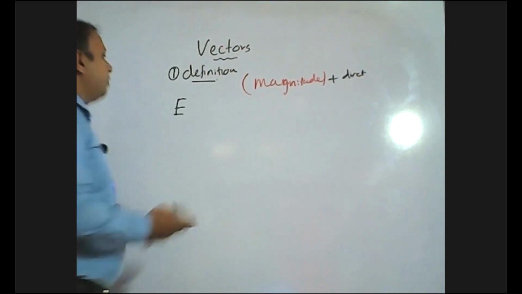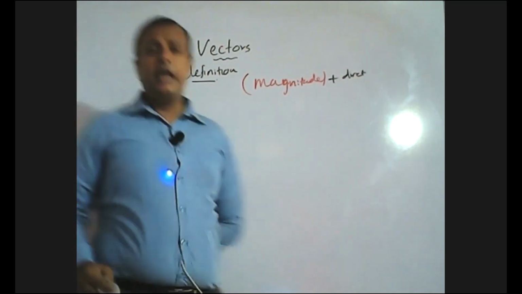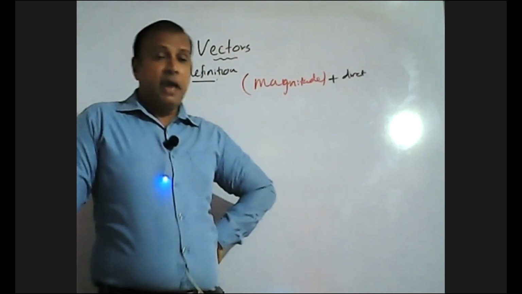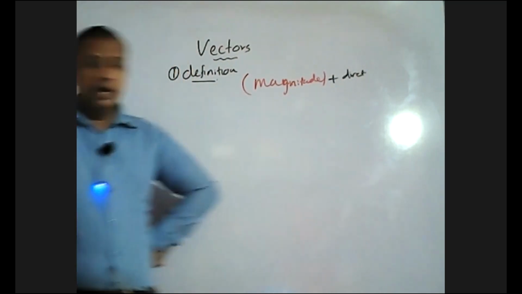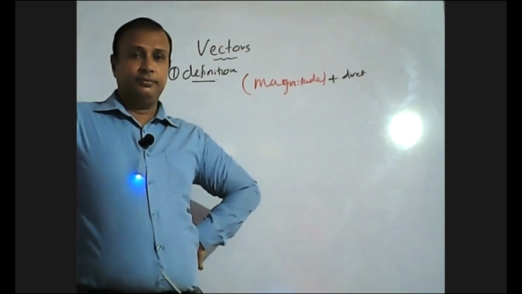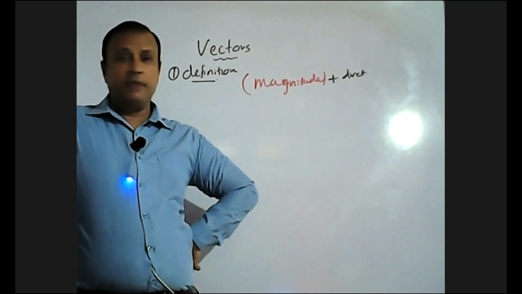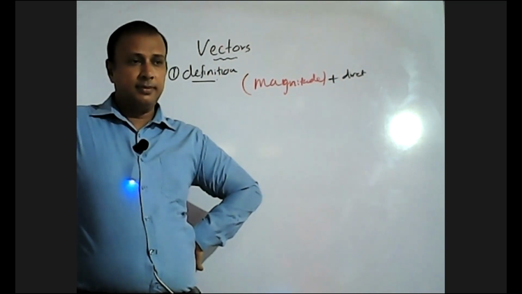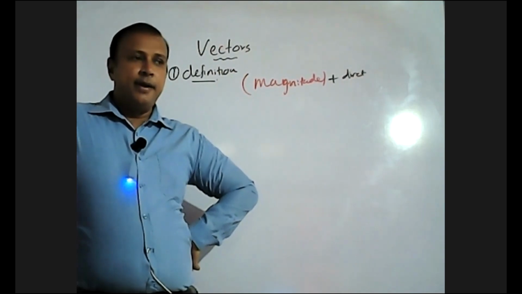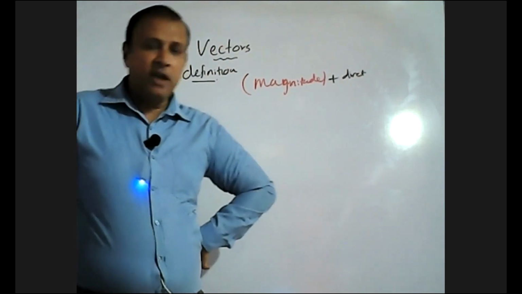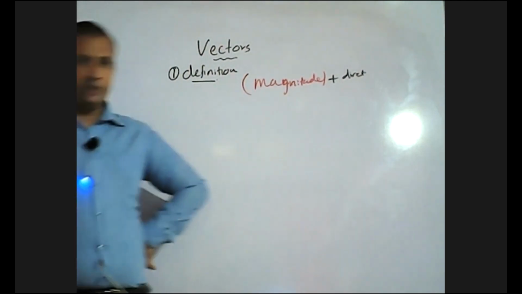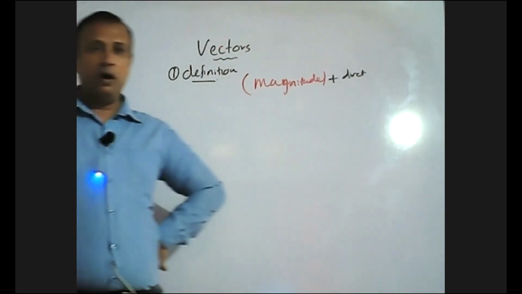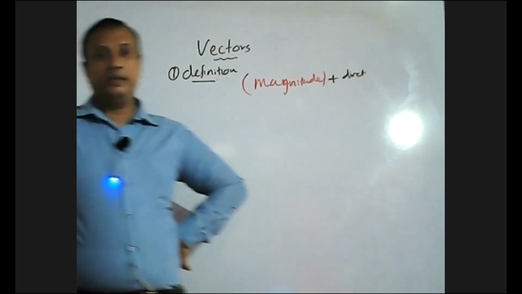Sir, can you repeat it from the beginning? If any physical quantity has a magnitude and a direction, it will be called a vector quantity.